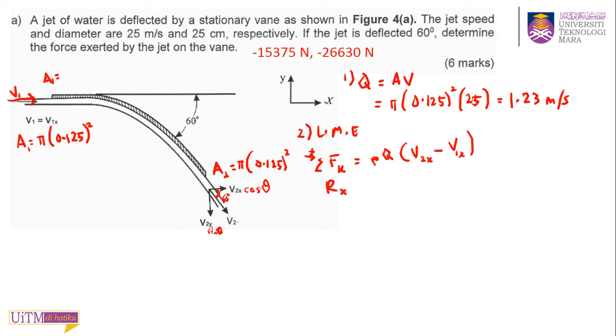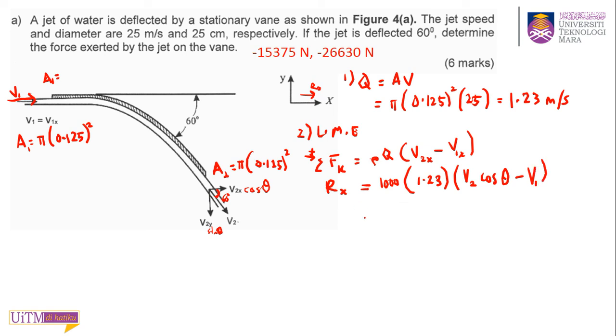Okay, Rx kanan positive. So this equal to 1000 of water times Q 1.23 times V2x. V2x is V2 cos theta. I forgot to write this. So V2 cos theta. Okay, this is the same direction to your x. Okay, and minus V1x, so this will be V1x in the same direction, so that's why only V minus V1.